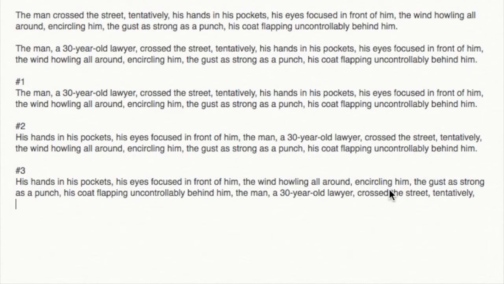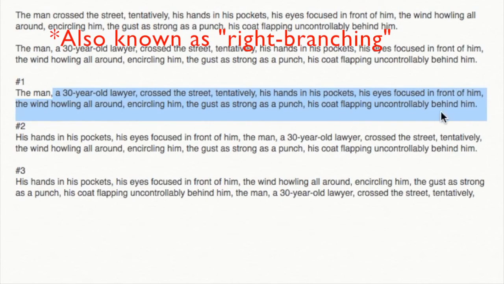As you can see, some of the phrases can be moved around without changing the meaning of the sentence, so we call them, evidently, free modifiers. The original sentence, because the base clause comes first, is in the initial position, because the phrases all come to the right of the clause.